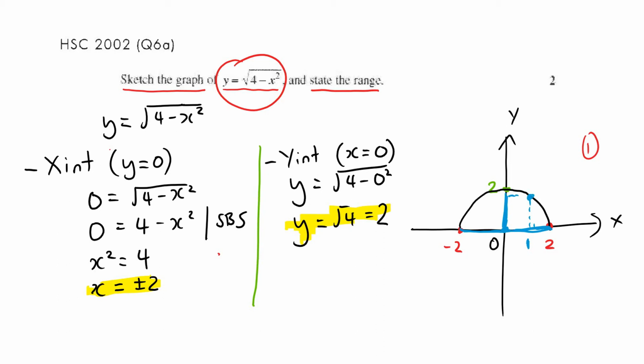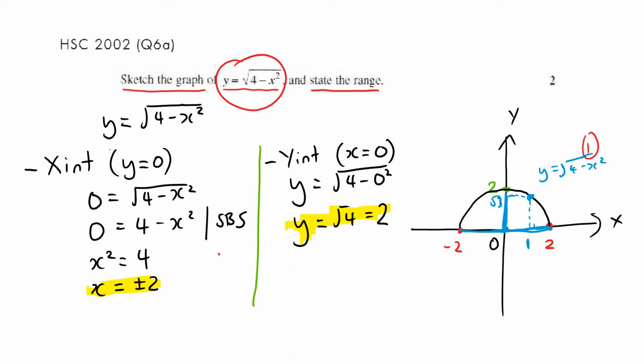That means that there is some possible y value that exists in this function. And in fact, we can find that. Well, when I sub in x equals 1 into this function, y equals the square root of 4 minus x squared, you're going to get the square root of 4 minus 1 squared because x is 1, which gives you root 3.